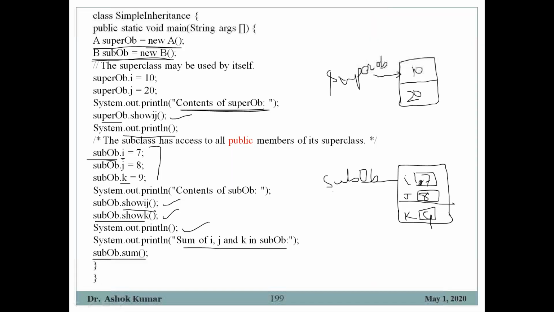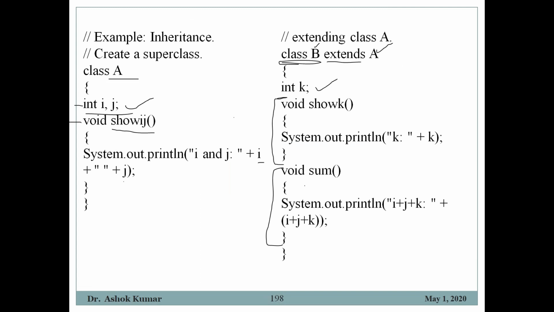I'm going to show you in the subclass. In the subclass method, again we are using i, j and k. So this also indicates that these members, the instance variables, are inherited into the subclass. So the superclass instance variables can be used directly in the subclass methods.